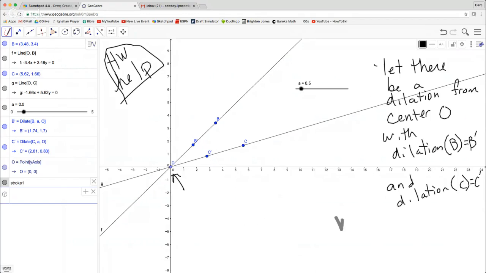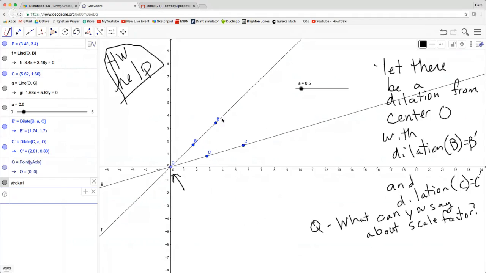Now the question is, what can you say about the scale factor, which is also the dilation number, right? Question. Now I want you to think about that.